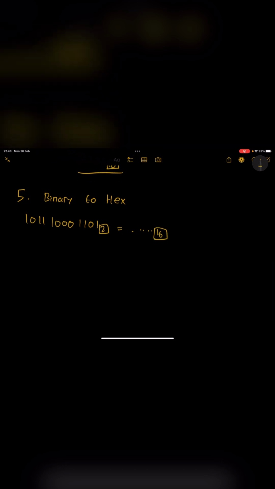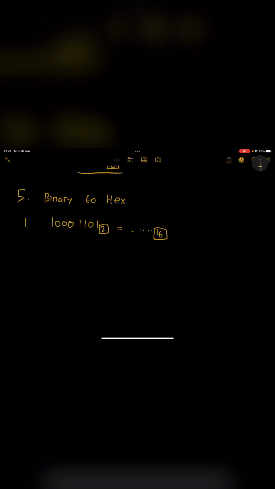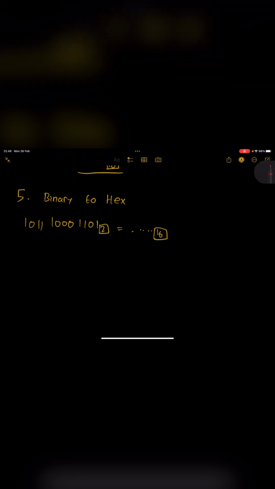So how to do it is, if you convert binary to hex, then we will divide the bits into 4 values each. So we need to divide like this. Oops, wait, sorry, this was 1011, so we need to divide it into 4 values each. So this one, and this one.